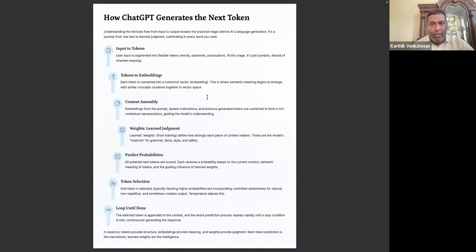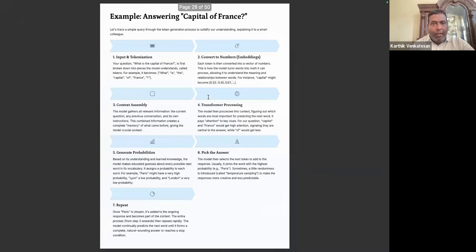Okay, let's take an example. What is the capital of France? It will be converted into 7 tokens, and then it will assign the vector embeddings.